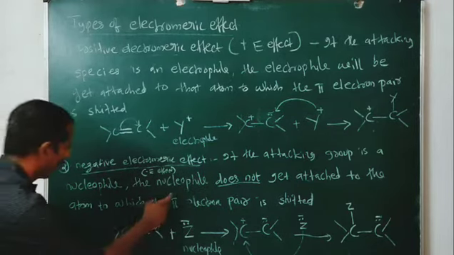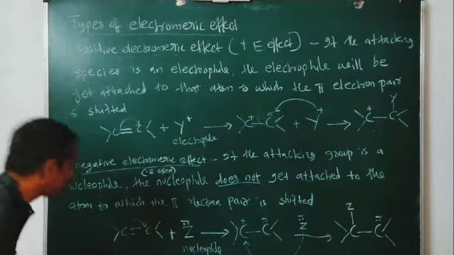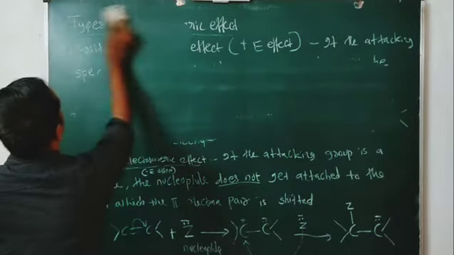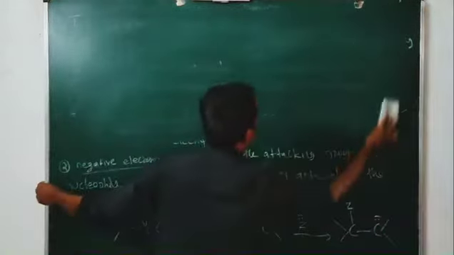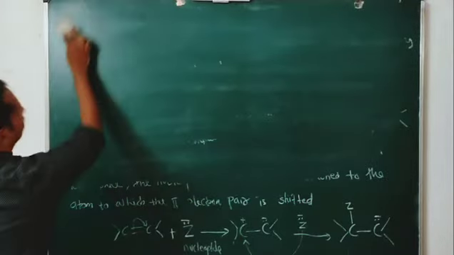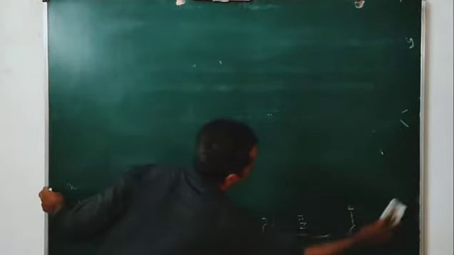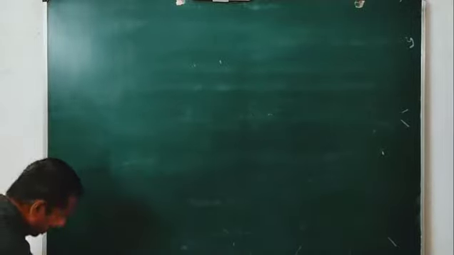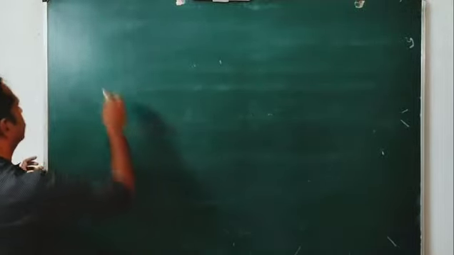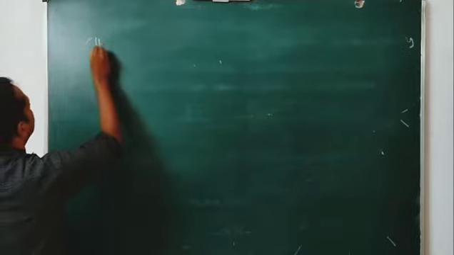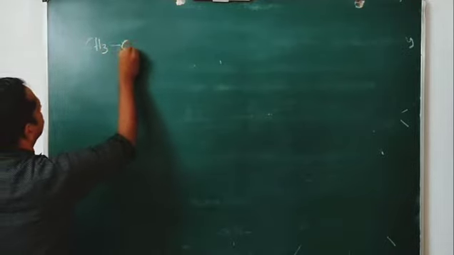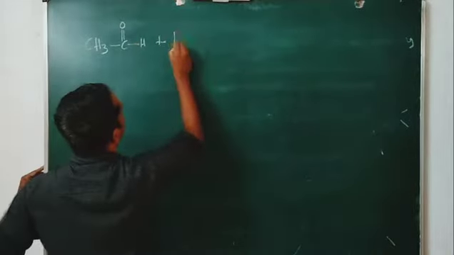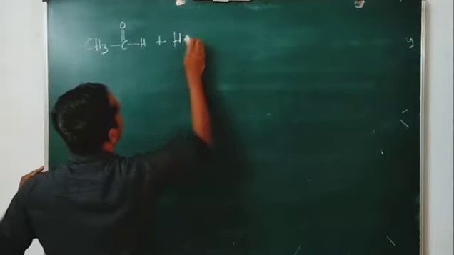Now for the negative electromeric effect, we can take an example. The electromeric effect can be explained using an example. We take acetaldehyde, CH3C double bond O H, reacting with hydrogen cyanide, HCN.